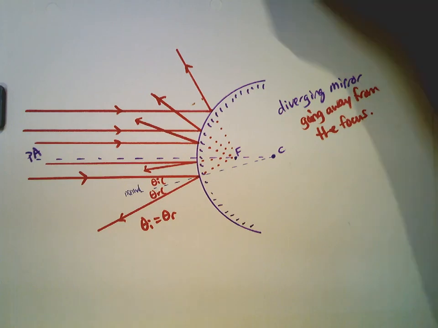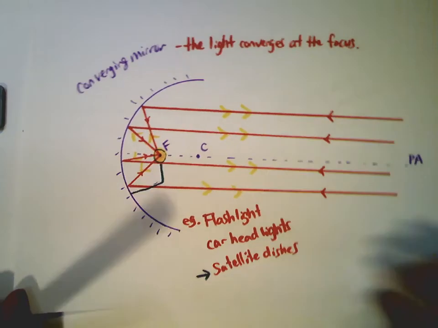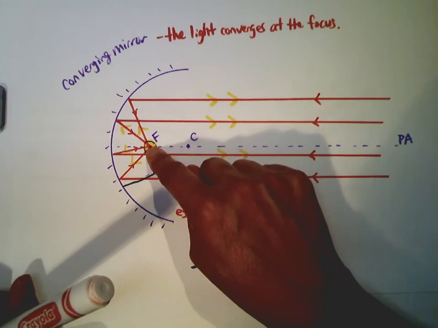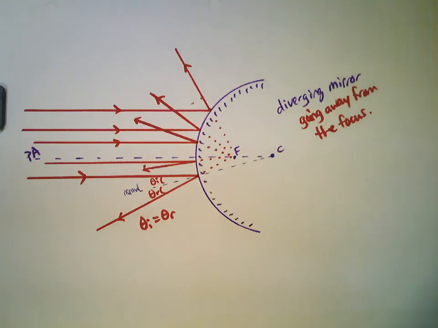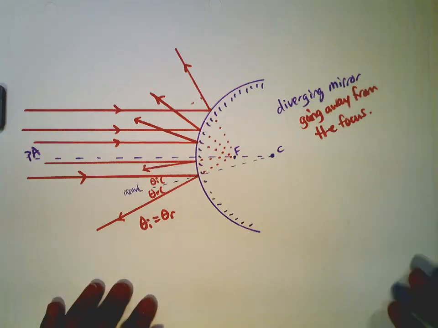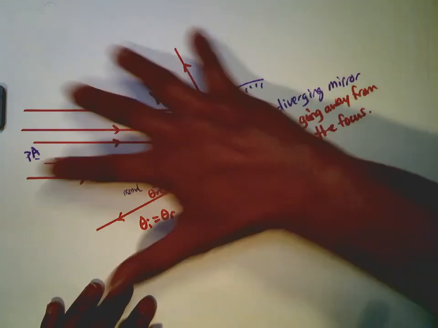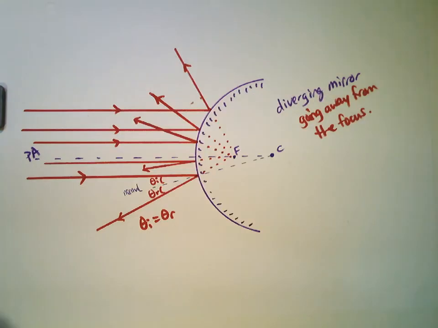You have a converging mirror like this, where light converges at the focus, so you're focusing there, and a diverging mirror, which is the opposite, where the light is going away or scattering from the focus.